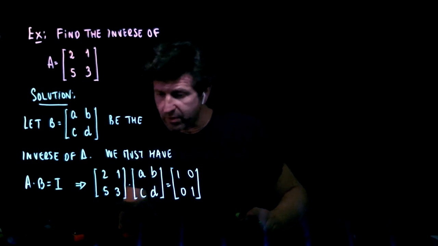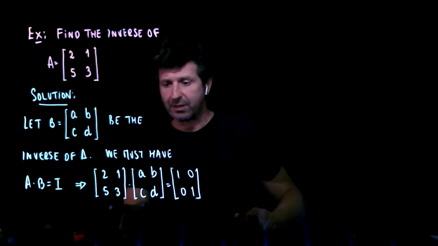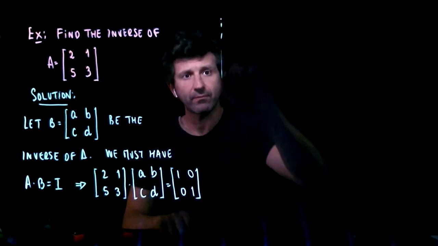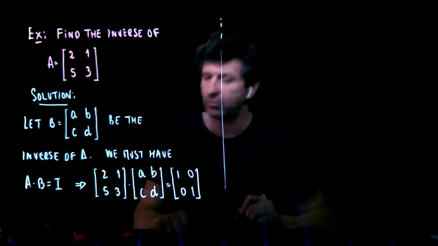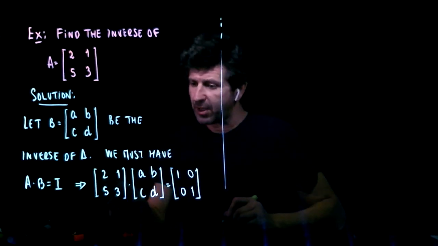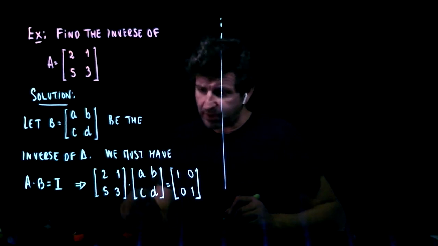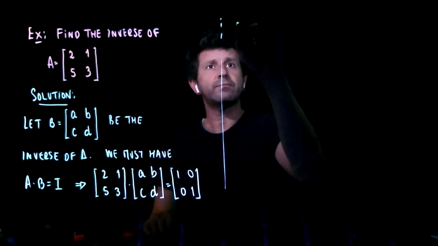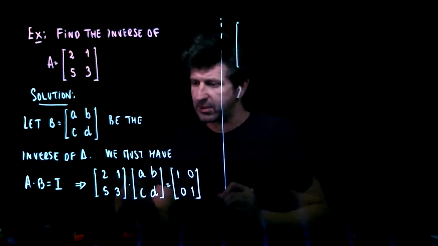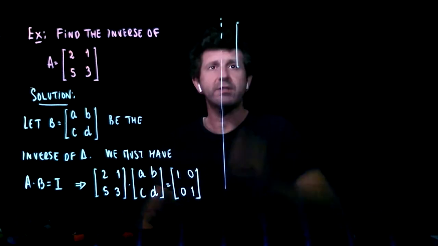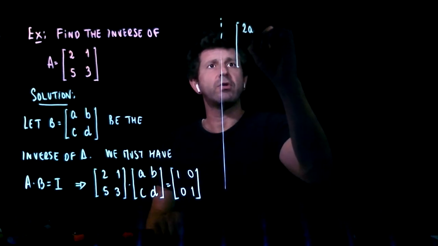And let's do the multiplication on the left, okay? I'll separate this in two. So what do we have? If I multiply this matrix by this one, what do I get? So let's see, 2a plus c. That's my first entry here.